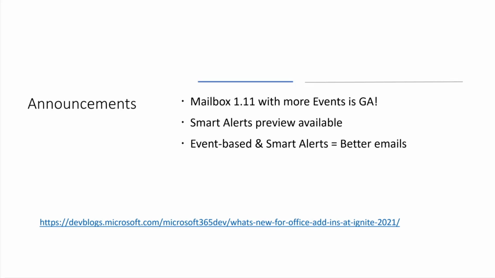And then we also announced a super cool feature, smart alerts, which I think I already talked with you about on this call. I can give a demo and tell you how you can use it. And then finally, we talk a little bit about how you can combine these two features to create better experiences and allow your users to send better emails.